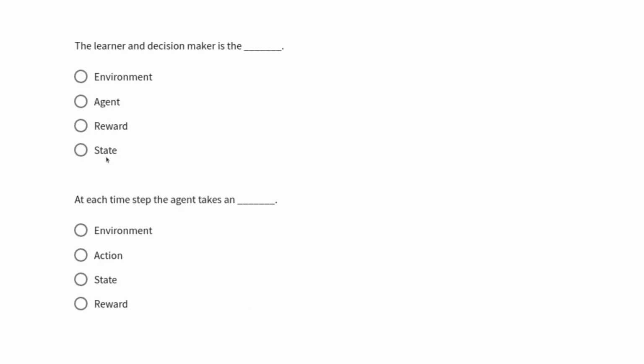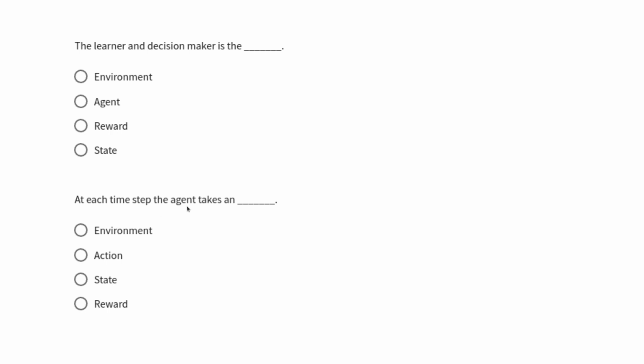These are very basic questions. I know all of you know, but still, to have an idea. The learner and decision maker is called what: state, reward, agent, or environment? I use this term many times. So I am learning what? Agent. Yeah, exactly, it's agent.